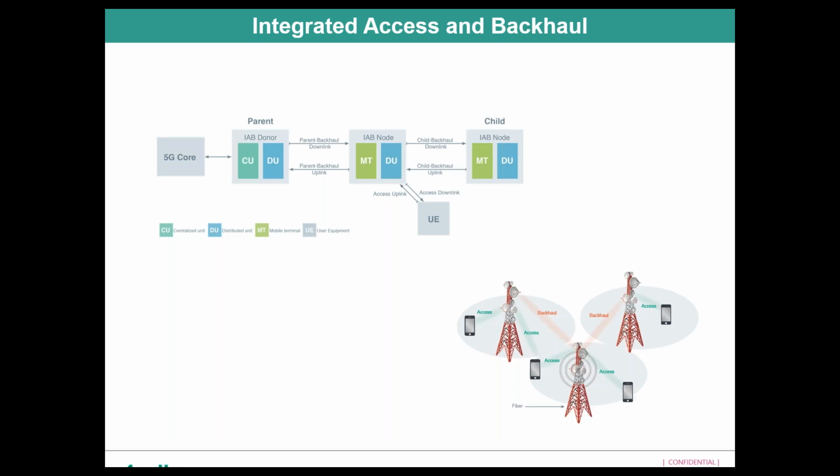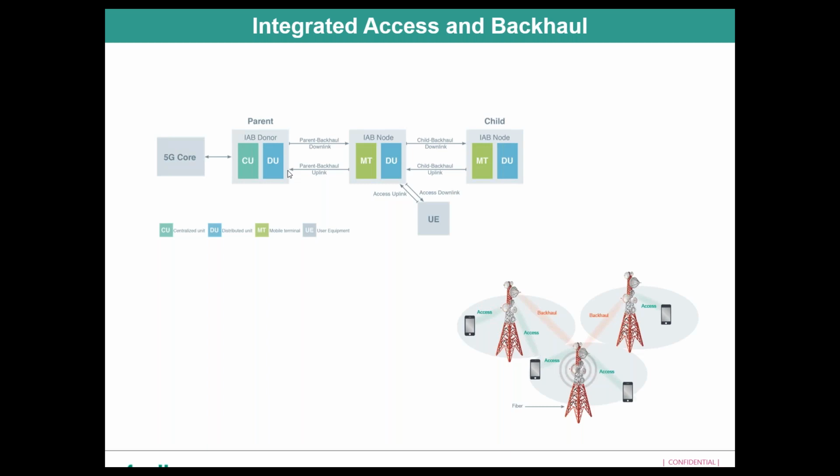So a donor node is pretty much the one that's going to be providing the main signal, right? And as you can see, you can have the donor node. Again, it's basically a separation of your CU, which is your centralized unit, and your distributed unit, right? So in case of Release 15, we had this concept of the PDCP split. You had different ways of splitting.